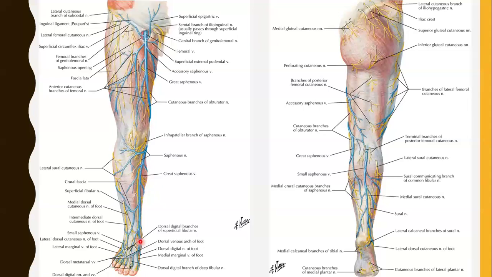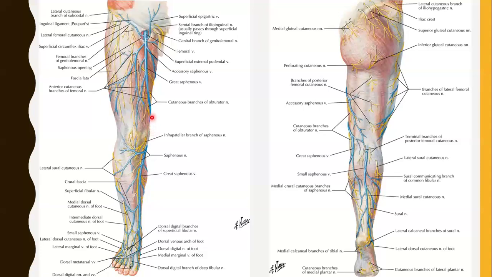This great saphenous vein runs upwards, anterior and superior to the medial malleolus, then runs on the medial aspect of the leg. At the level of the knee, it passes behind, usually about 10 centimetres medial to the medial border of the patella.